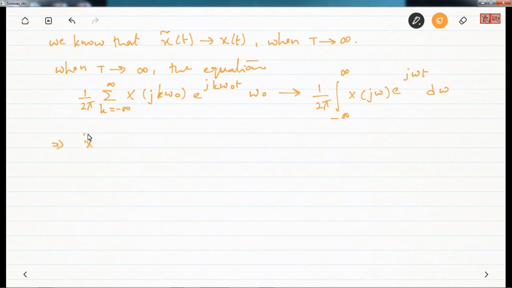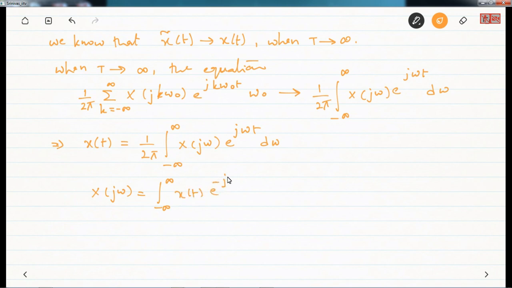And these limits become from minus infinity to plus infinity. That implies x of t can be expressed as 1 over 2 pi integral from minus infinity to plus infinity x of j omega e power j omega t d omega, where x of j omega can be computed as the integral from minus infinity to plus infinity of x of t e power minus j omega t dt.